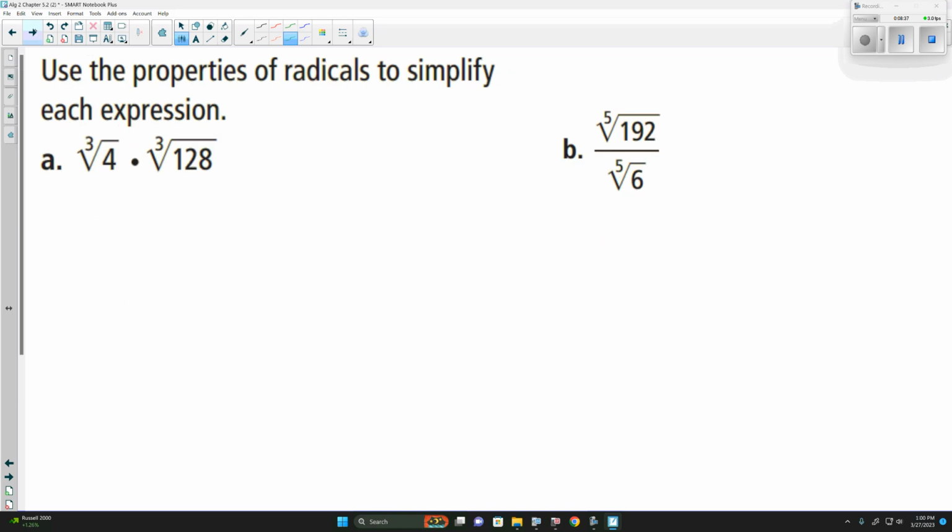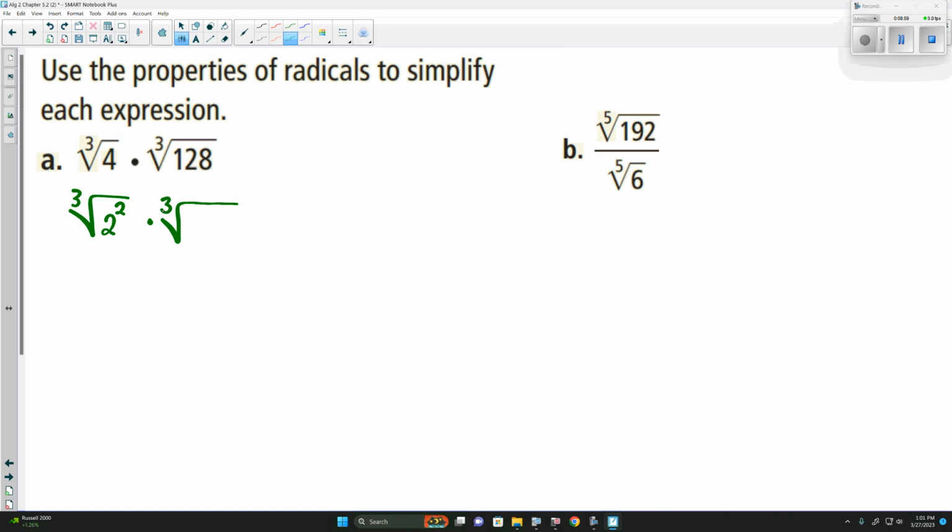Now, the cubed root of 4 times the cubed root of 128. What we could do, like you were saying earlier, is instead of just multiplying them together, we can do our primes to start with. Because rewriting 4 as a product of primes, 2 squared, is not too bad.